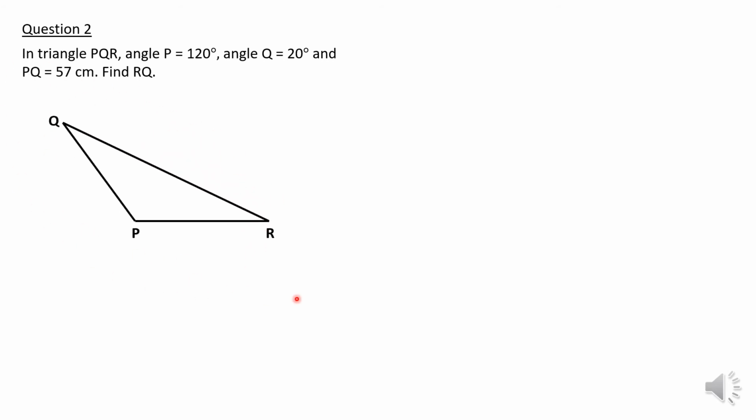I have decided to draw an obtuse-angled triangle. It ultimately doesn't matter, because the diagram is just rough work, a sketch that you need in order to put in the correct values as you are given. So your triangle does not necessarily have to look like this. These diagrams are not to scale.